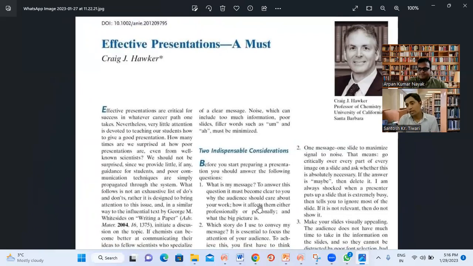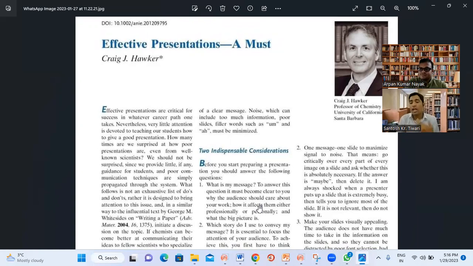The second thing is, suppose we are giving a presentation. In one presentation, we should give maximum one or two pieces of information, and we have to avoid text. We should not put a lot of text and a lot of images: maximum 20 or 25 words, and maybe one or two figures.